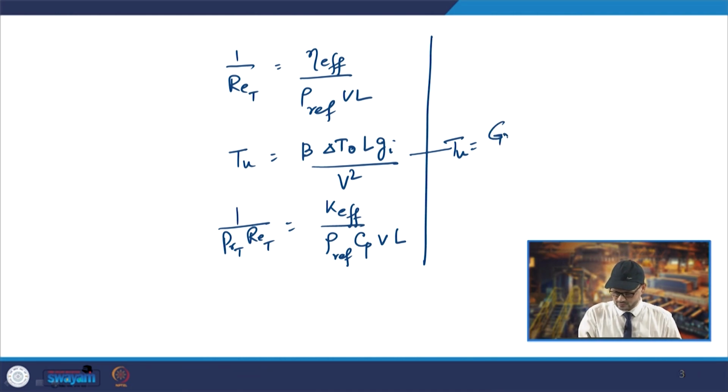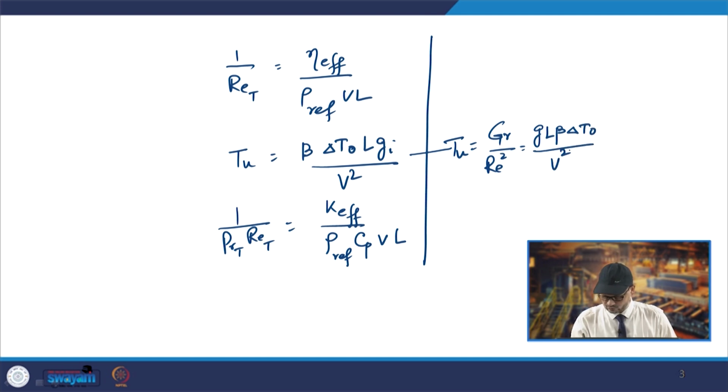This number can be written as Grashof number by Reynolds square, and it is given the name Richardson number. It is G L beta delta T naught divided by V square. So, it is nothing but the ratio of the buoyancy force divided by the inertial force.